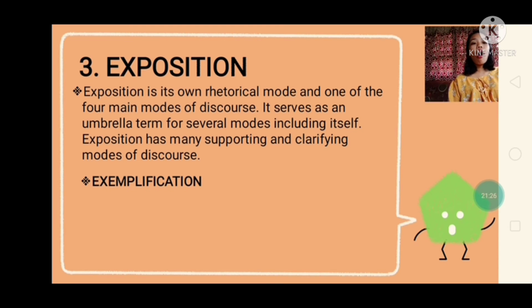Exemplification is most often used as part of other rhetorical mode because you are exemplifying or you are demonstrating or illustrating what the topic is all about, the context all about. That is exemplification. Another is the definition.